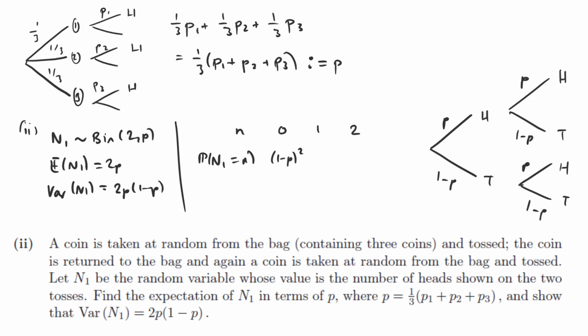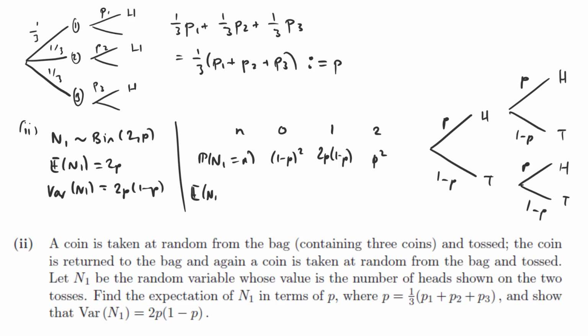So the full tree diagram looks something like that. So (1 minus p) squared to get two tails, and if I get one head, that's p times (1 minus p) plus (1 minus p) times p, so that's 2p(1 minus p), and 2 heads is just p squared.